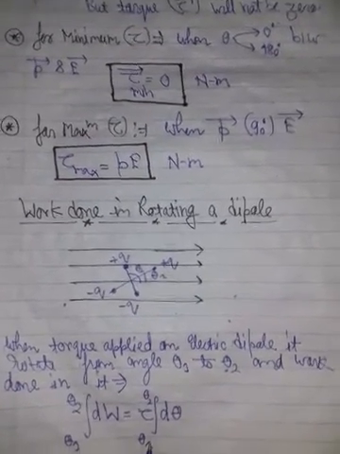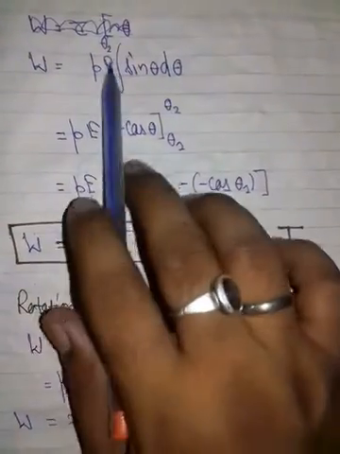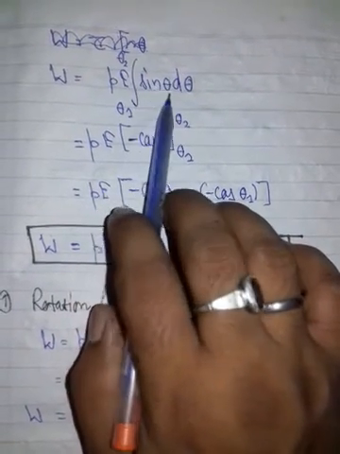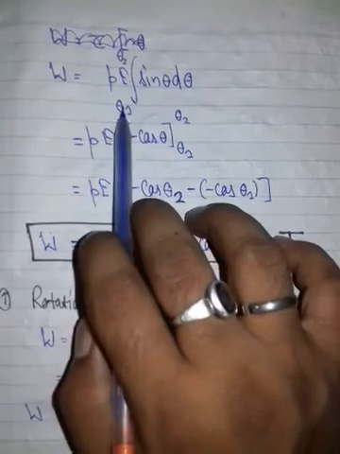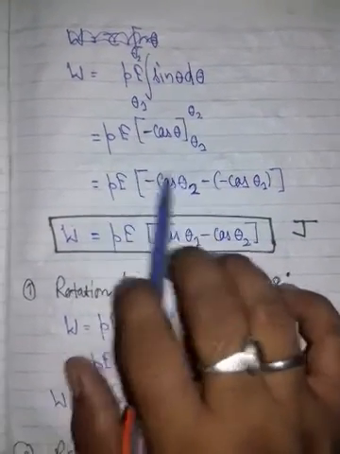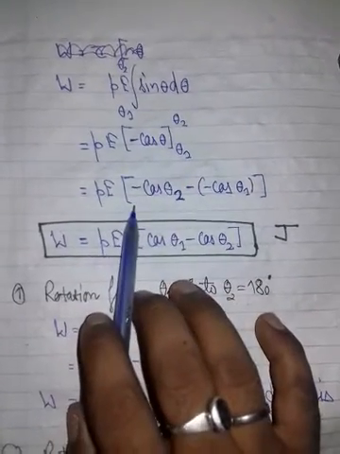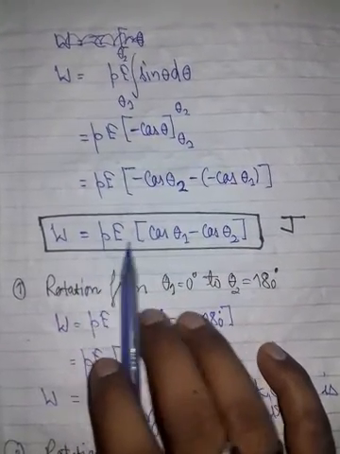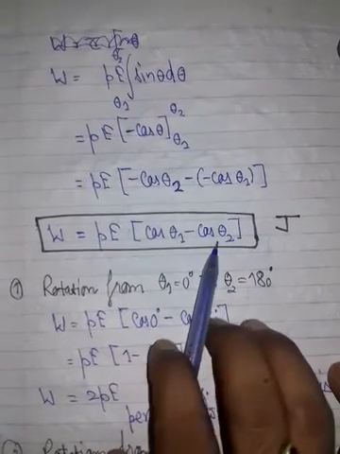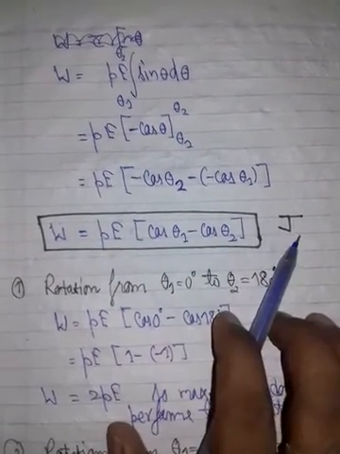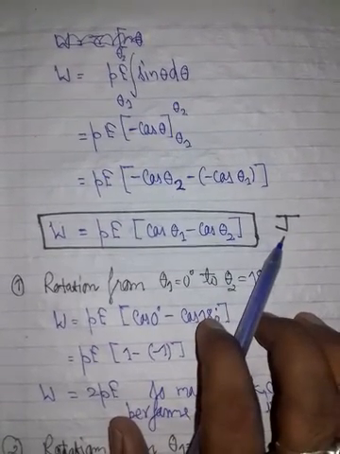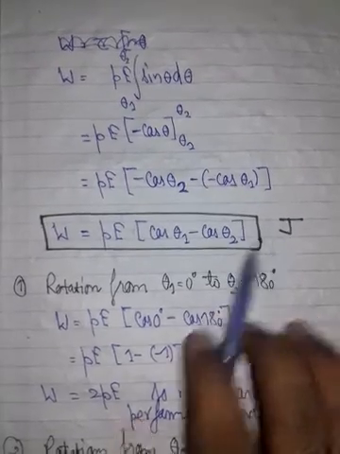Putting the torque value PE sin theta and integrating sin theta from theta 1 to theta 2, we solve the equation and get the work done, that is PE times cos theta 1 minus cos theta 2, initial angle minus final angle, and the unit is joule, because work and energy have the unit joule.